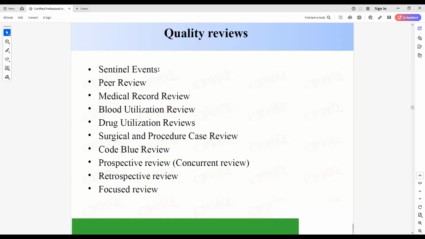Okay. Blood utilization review. Anybody knows what that is? There is blood utilization and then there is drug. There are KPIs related to blood utilization after surgeries within 72 hours or within 7 days. Yes. Blood utilization here is looking at the blood bank and the packed RBCs, the FFPs, and so on, the utilization percentage.